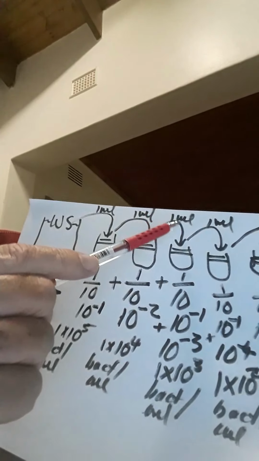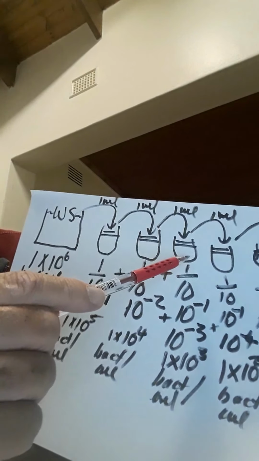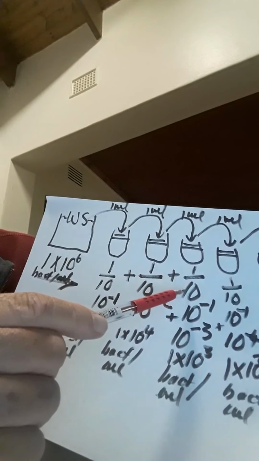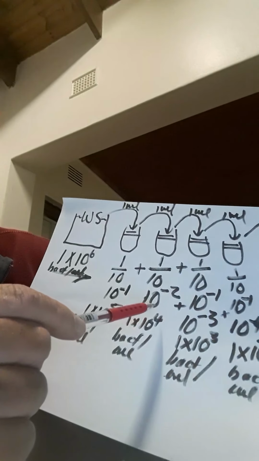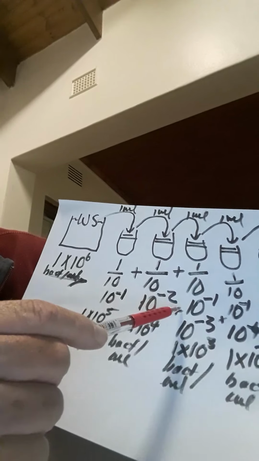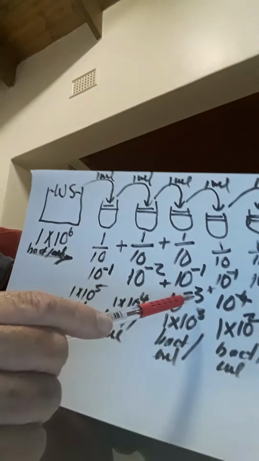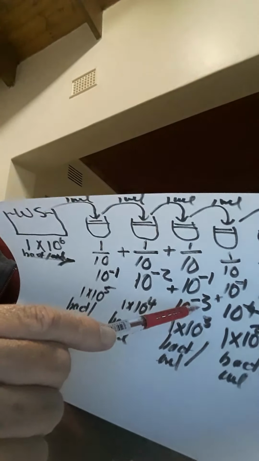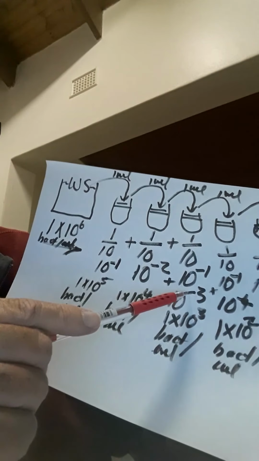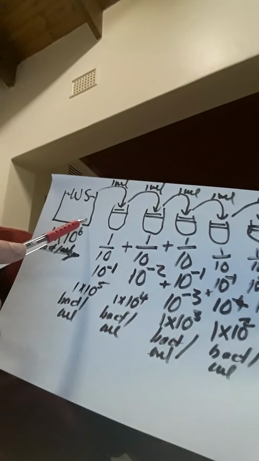If we go from here to the next bottle, 1 ml, that's another 1 in 10 dilution. So 10 minus 2 plus 10 minus 1. So we made now already a 10 minus 3 dilution from the original sample.